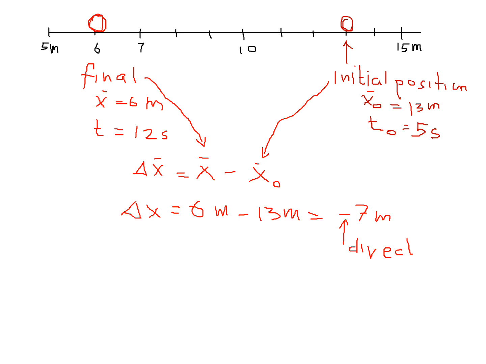So if you want, you can write magnitude equal to 7 meters to the west, or 7 meters to the left. Either way is fine. As long as you have a negative sign, or a direction with the magnitude, we know that it's a vector which has a magnitude and a direction.